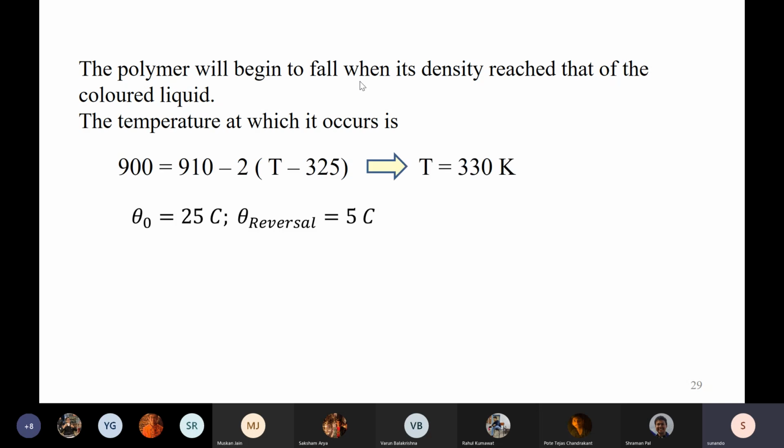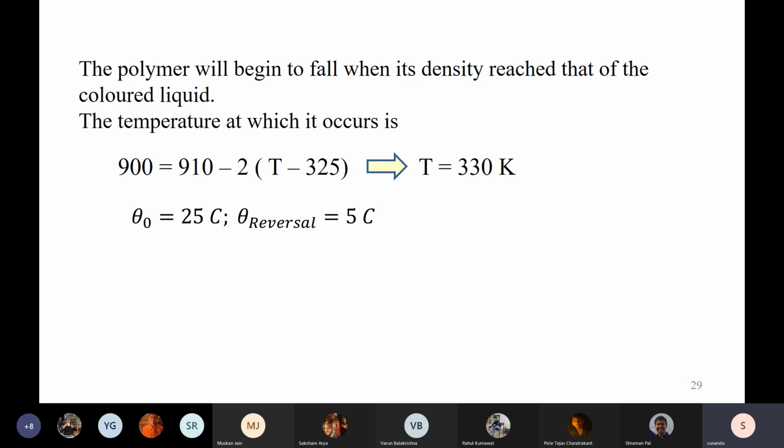So you calculate the temperature at which the densities are going to be equal, and then you would see that theta 0 is equal to 25 degrees centigrade. The initial value of the temperature difference when the droplet starts its upward journey is 25, and when it starts its downward journey, which I call theta reversal, it should be 330 minus 325, I think, the temperature of the yellow one.